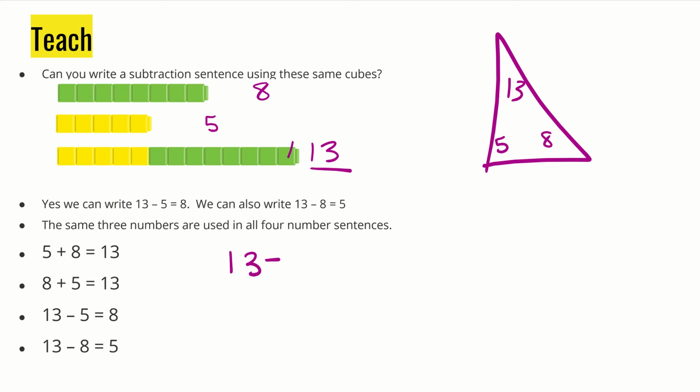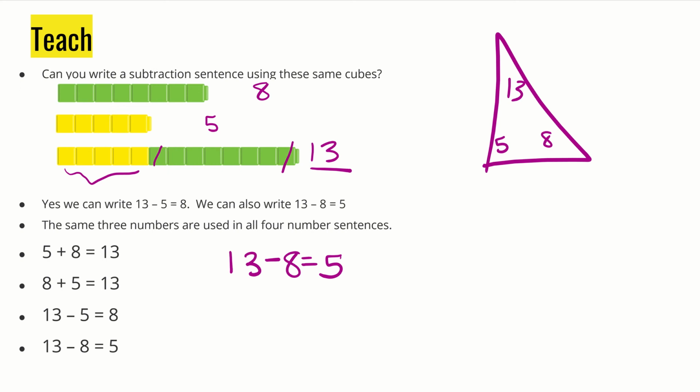So if I subtract the green cubes, that's 1, 2, 3, 4, 5, 6, 7, 8. I have 13 minus 8, and then I can see that I have 5 yellow cubes left.